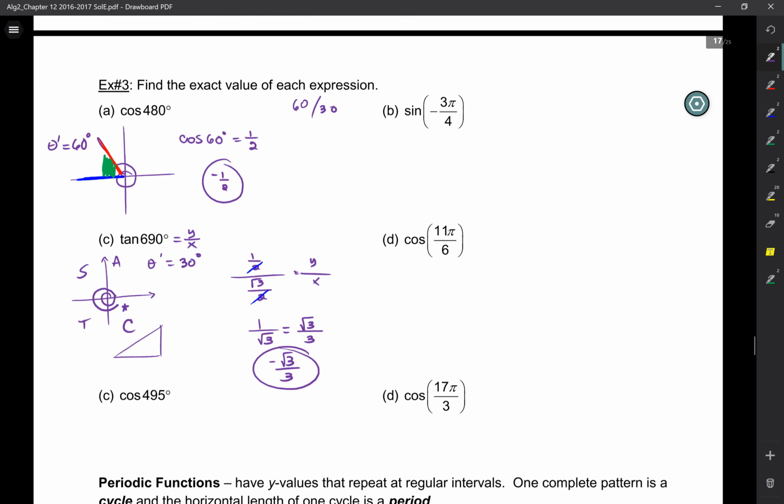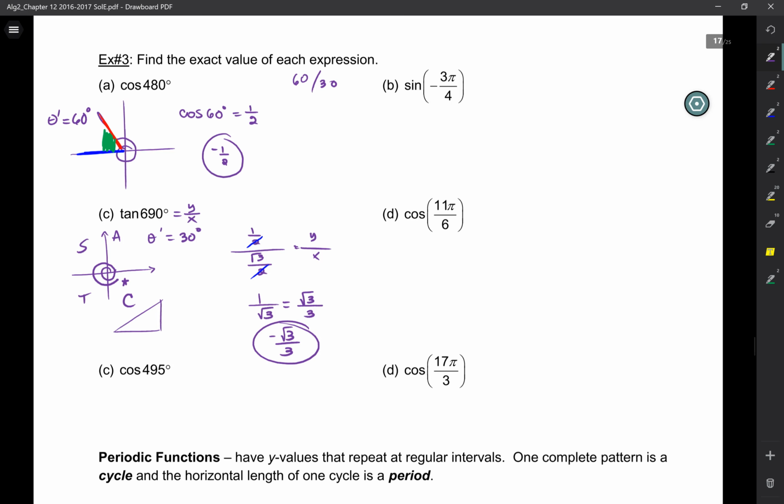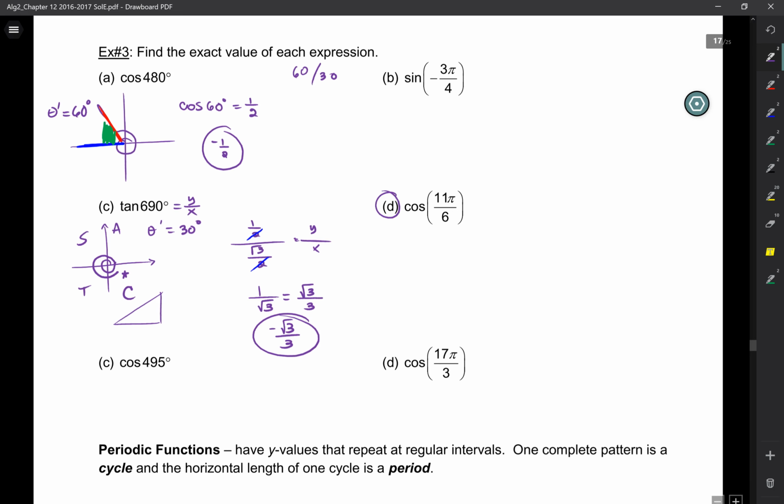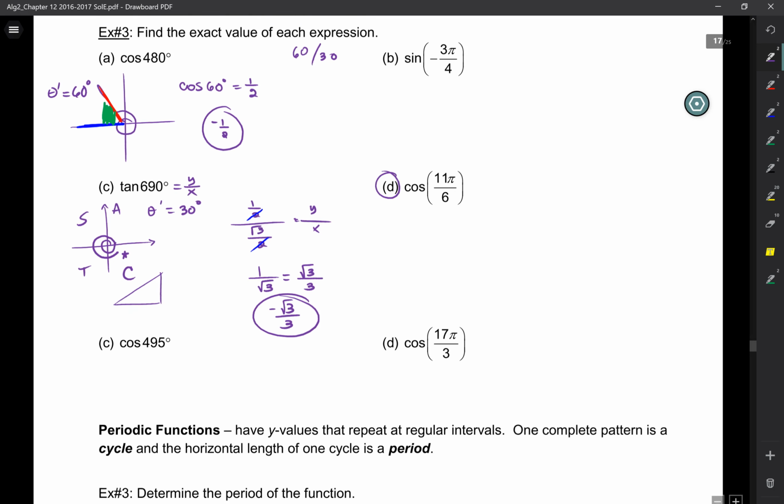Let's do this one, D. When you have it in radians, we do not go back and forth, because I need you to be comfortable with radians equally. When you go to pre-calc, you don't have time to get used to this radian business, so we need to get comfortable with it now.